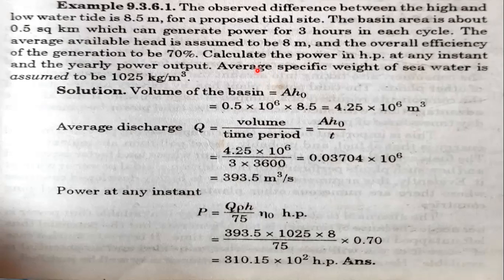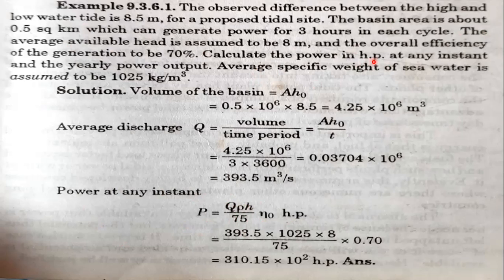So we have to find out the power per annum. First we have to find out the power at any instant. Power P at any instant is equal to Q rho H by 75 eta naught HP. We should find the power in HP, horsepower, because they have asked.